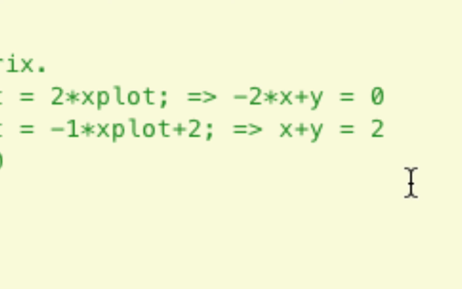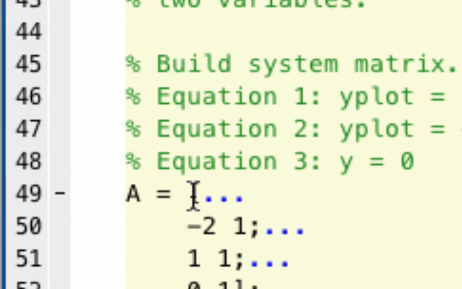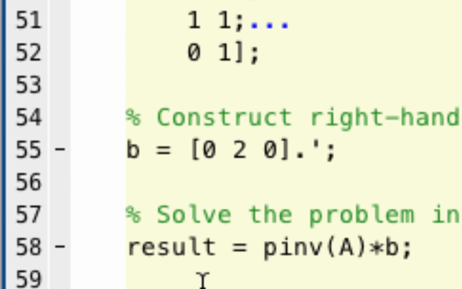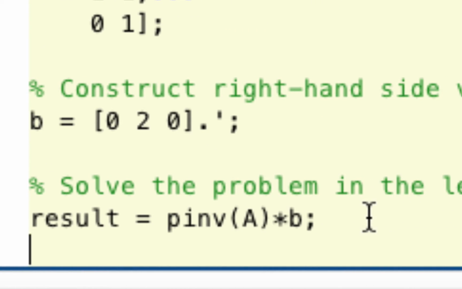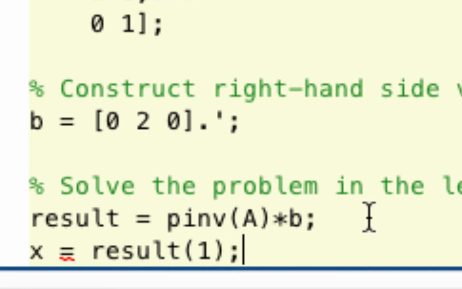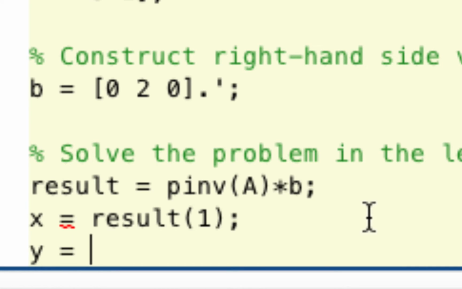How many unknowns do we have in our problem? Yes, indeed. And that's why our answer must have 2 components, otherwise nothing makes sense at all. So x should be the first component of the result vector, and y should be the second component of the result vector.